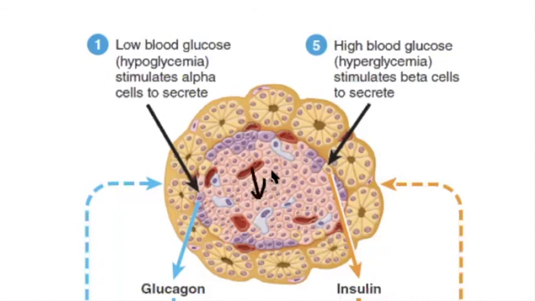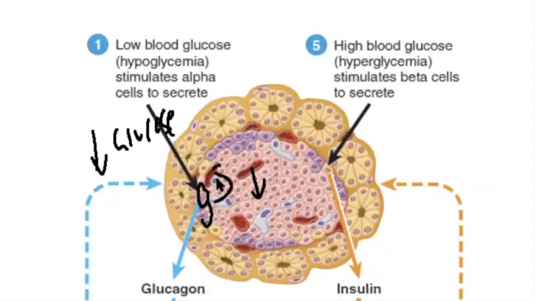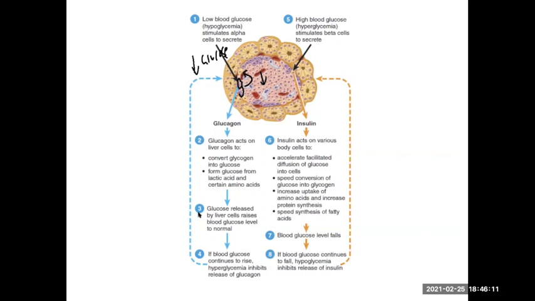Blood is circulating around here, and in this case you have low levels, lower than the homeostatic physiological range. It stimulates these little alpha cells, which secrete glucagon into the bloodstream, and that does its magic. It basically breaks down glycogen, et cetera, and you increase glucose in the blood. Your cells take it up and do what they do.